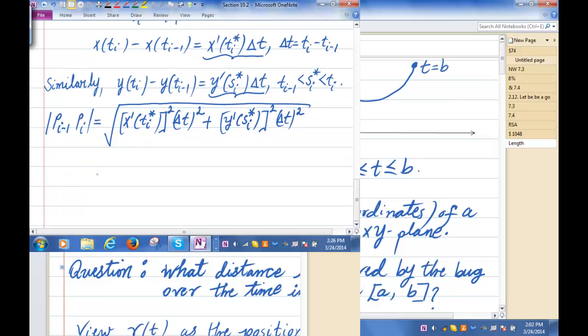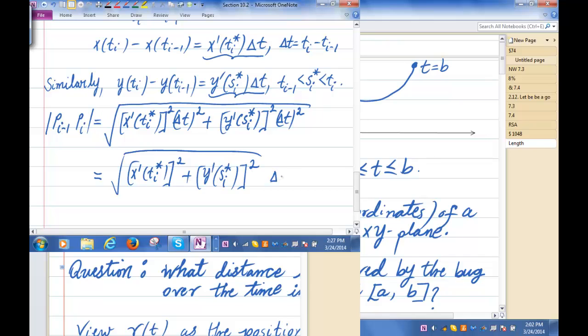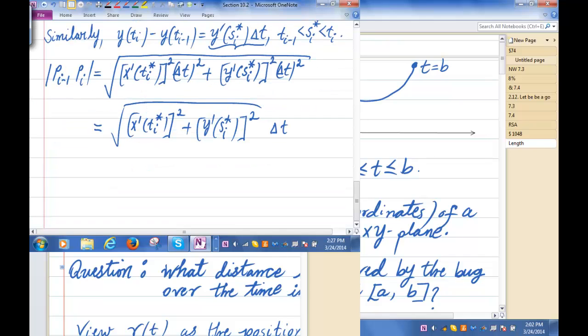So what we are going to get then is x prime of t i star, and then I have to square that, plus y prime of s i star, I have to square it, and then I get delta t outside.